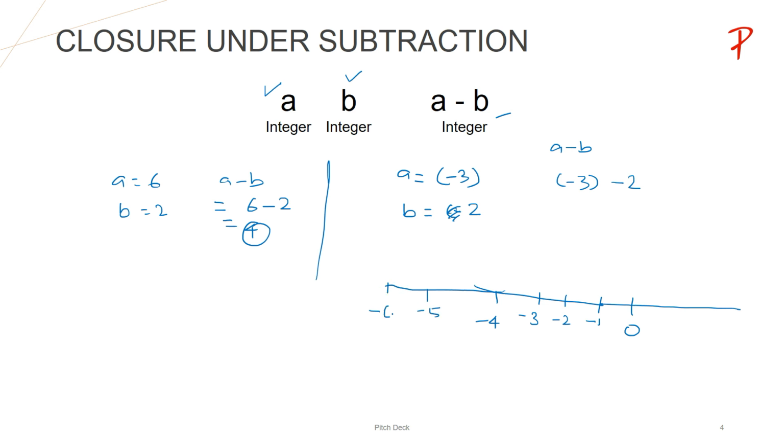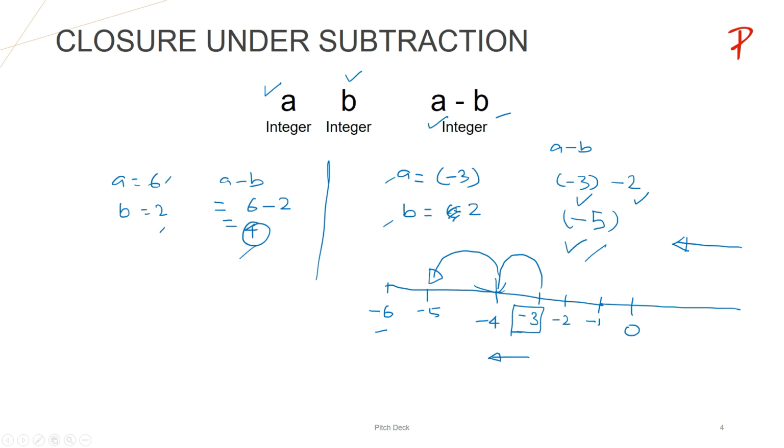Say for example this is our number line. As we are subtracting, we have to move left on the number line. So we'll start with -3. Here we have -3, I will highlight it, and from -3 we need to take 2 steps on the left side because we are subtracting 2. After taking one step we reach -4, after taking the second step we reach -5. So -3 minus 2 is equal to -5. This is also an integer.